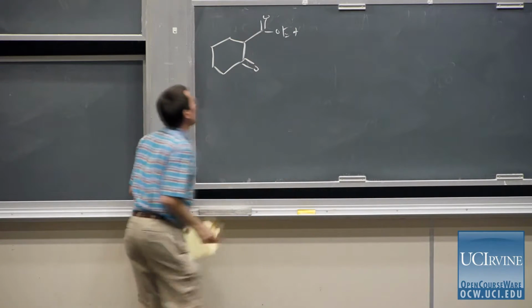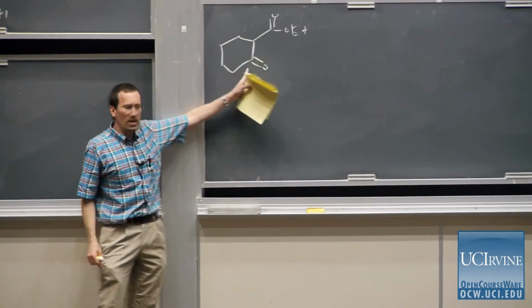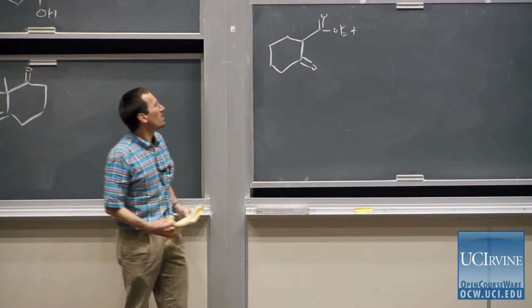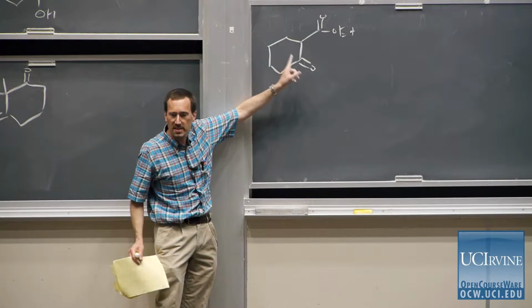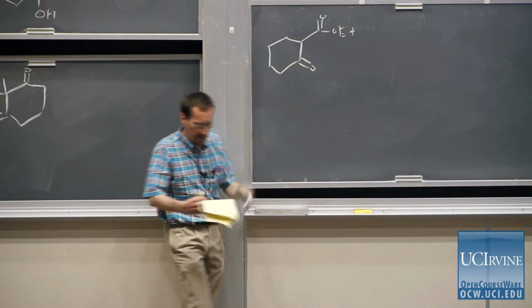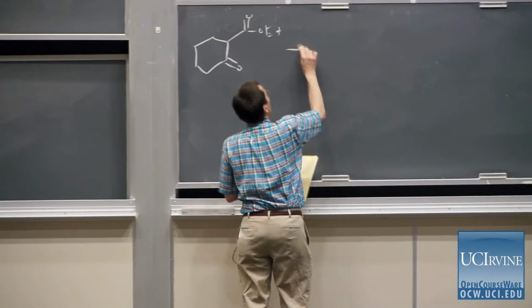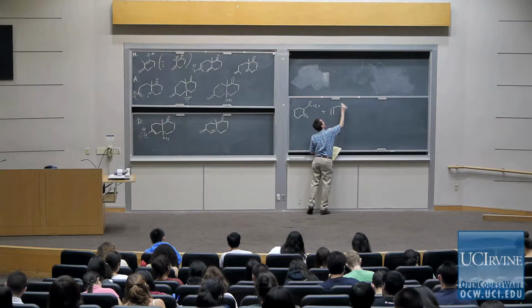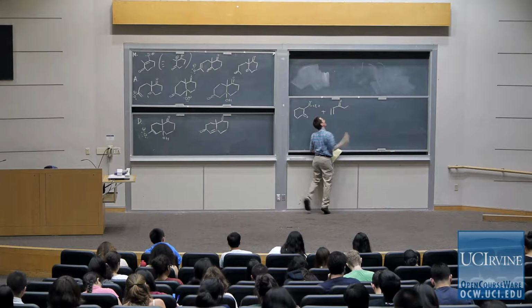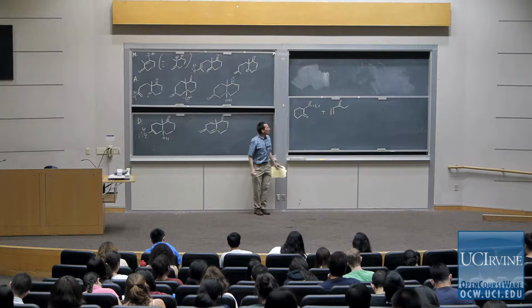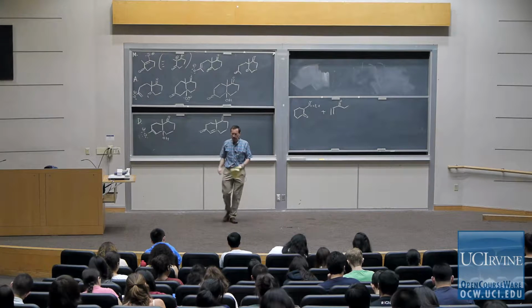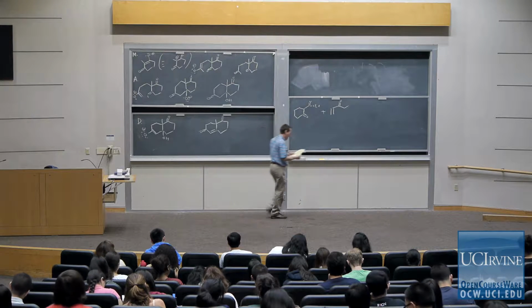So I'm going to give us, in a forward sense, another 1,3-dicarbonyl compound, a beta-keto ester. We're going to see this beta-keto ester later in today's lecture. And what I want us to see is a Robinson annulation with a slightly different ketone and get a little faster and a little better at thinking our way through this reaction.